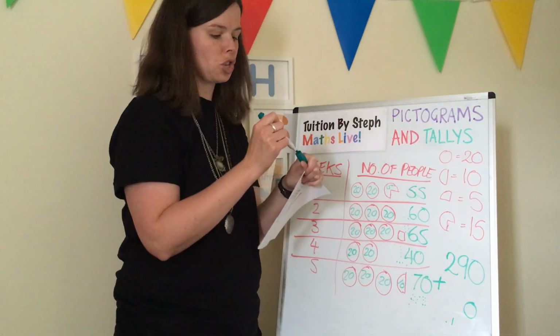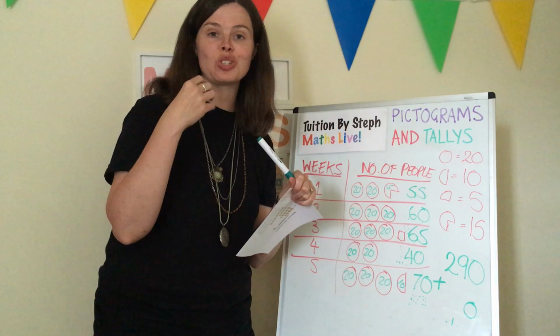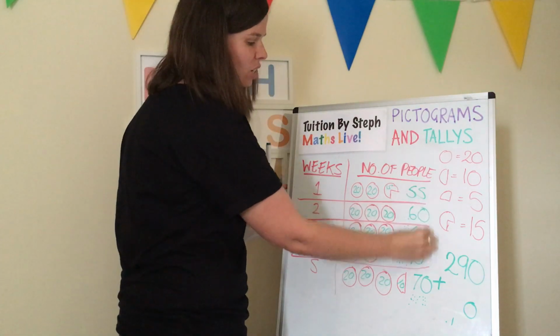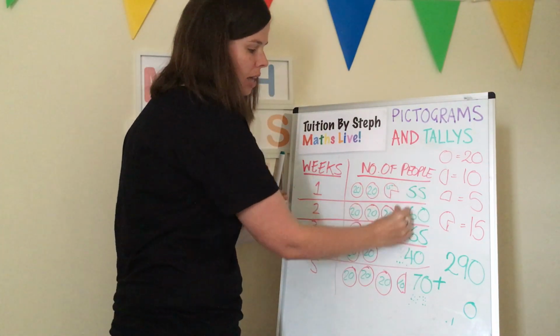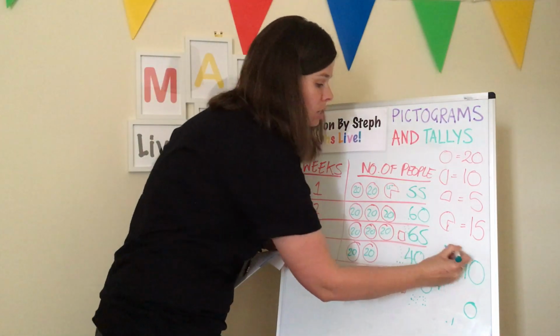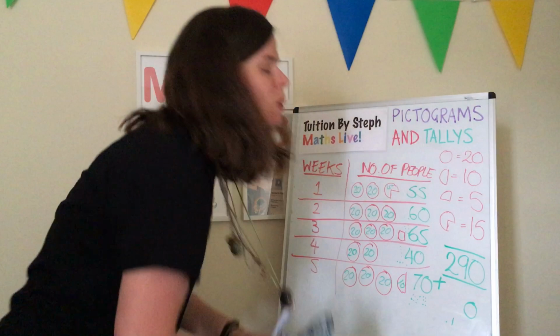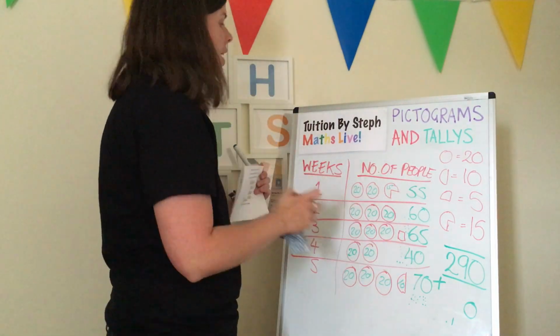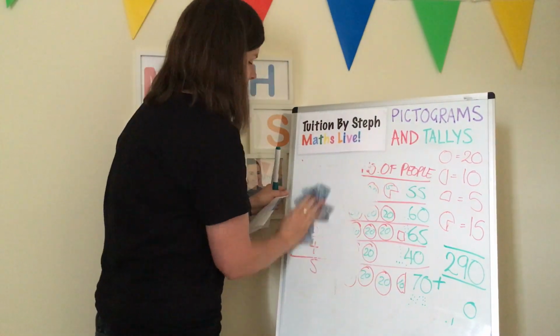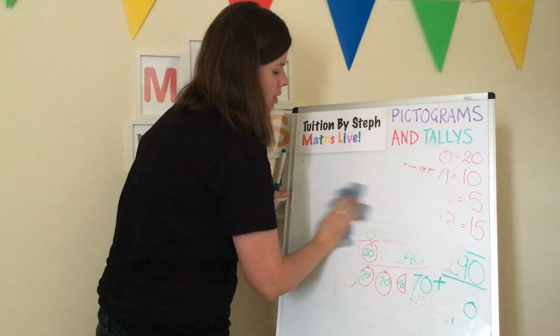So that's how to do good mental maths, is to look at your 1s first and then look at your 10s. So 290 people across the whole week. I double check now. After those last couple of weeks when I was getting a bit tired of Maths Live, I have to double check to make sure, because I don't want to give you the wrong answers.